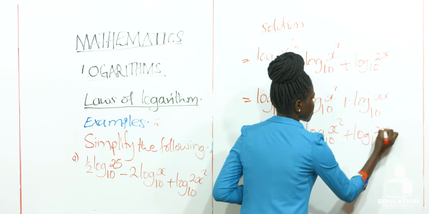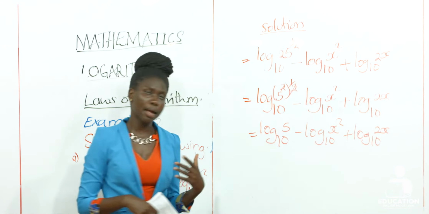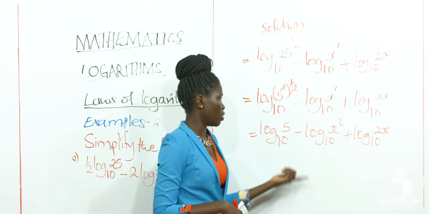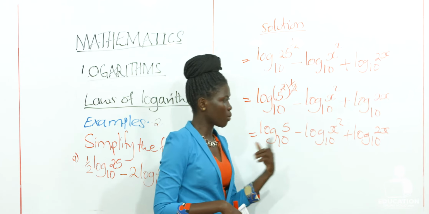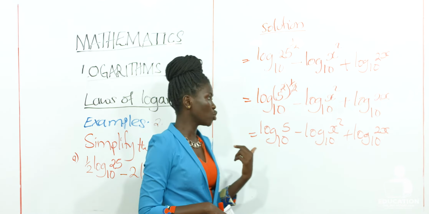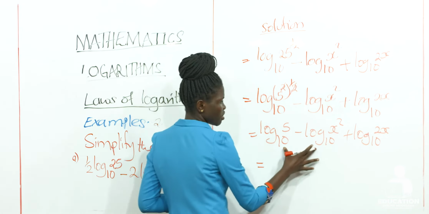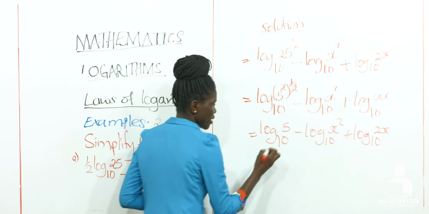From here we can now start applying the first two laws, which are on subtraction and addition. We said when it comes to subtraction, when you're subtracting numbers of the same base, you have to divide the numbers. So we shall start with the subtraction, then we shall apply addition later.